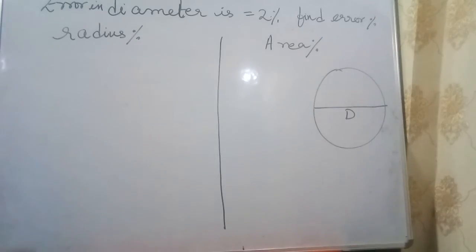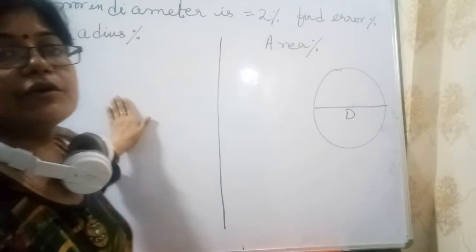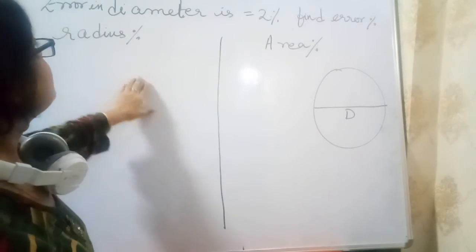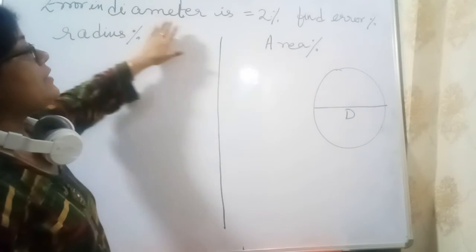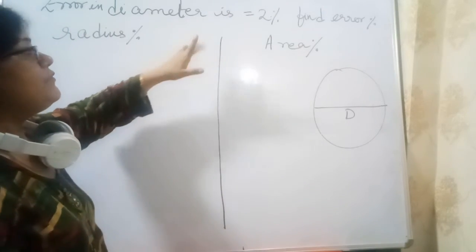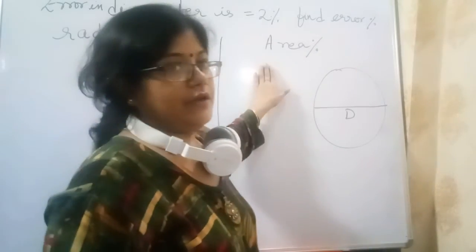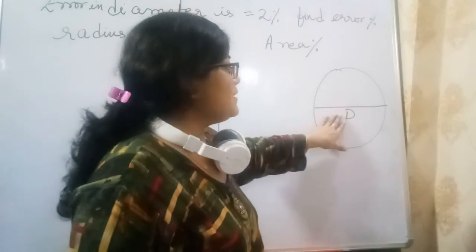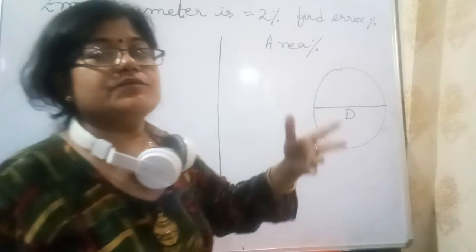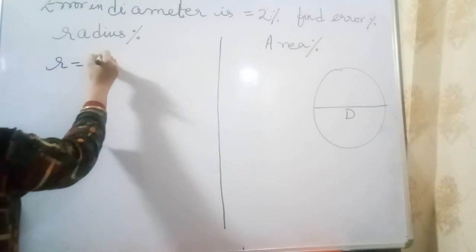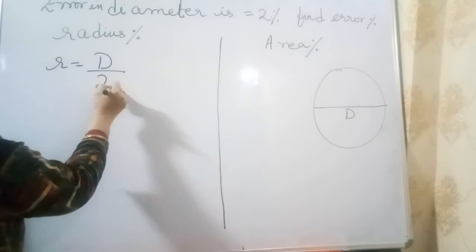Now I am taking this last question in order to clear a concept in which students often make mistakes. For example, if the error in diameter is 2%, then find the error percent in case of radius and in case of area. As we know, in the circle, this is our diameter and radius is what? Half of the diameter. That means radius is d by 2.